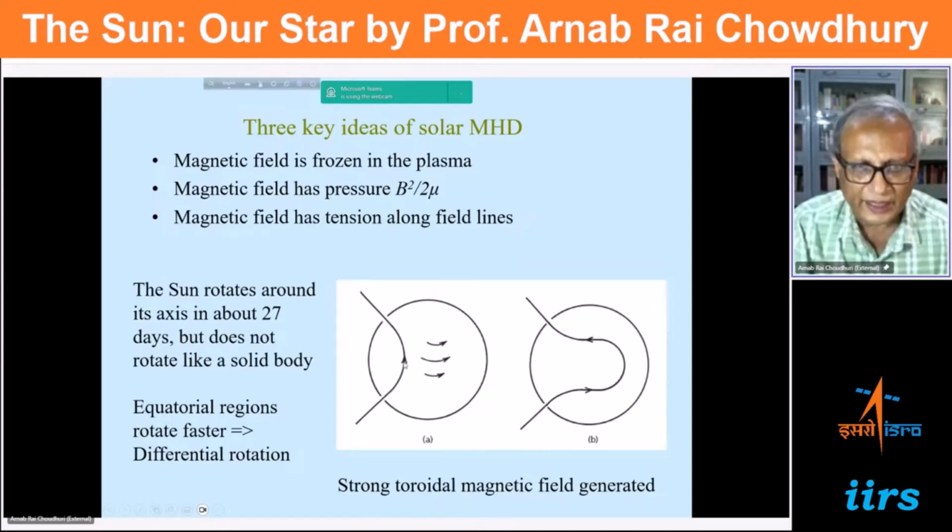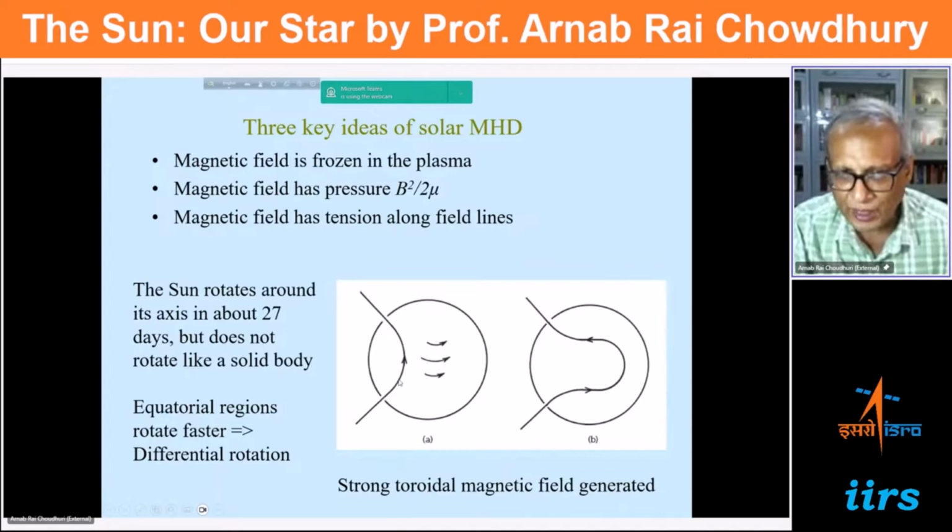Now think that there is a magnetic field line like this, like a field line of the geomagnetic field. The sun is also known to have such magnetic fields. Because of Alfvén's theorem of flux freezing, the faster moving plasma near the equator would drag this magnetic field line.